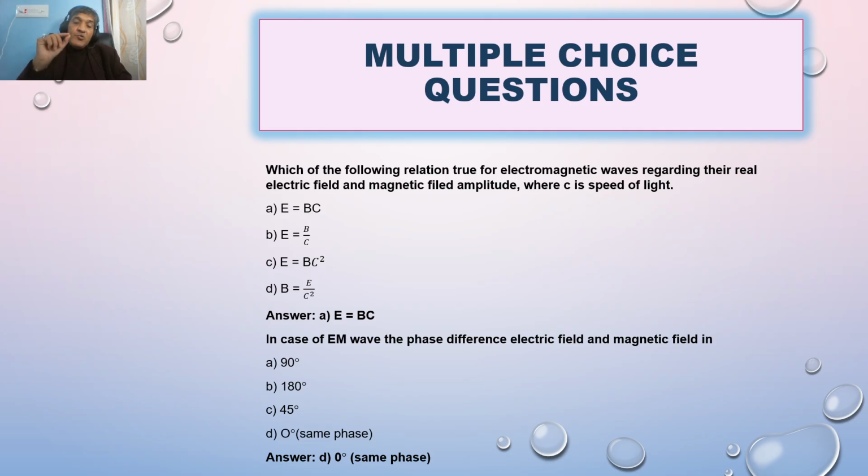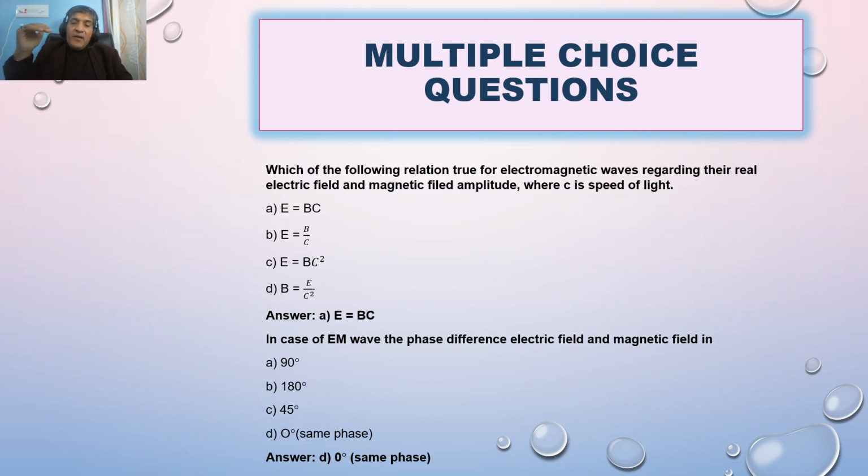So this relation is true only for free space. But if we are talking about a material medium, then the relation is E equal to Bv, where v is the speed with which the electromagnetic wave moves inside that particular material or medium. Hope you understand. Now again, next question.